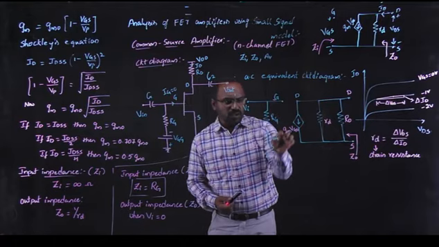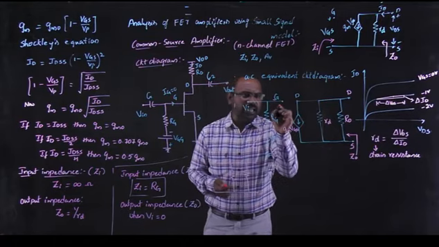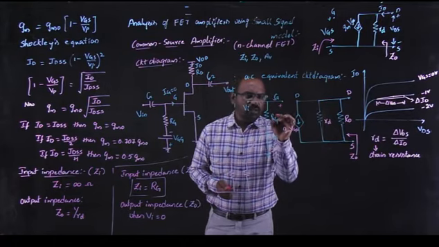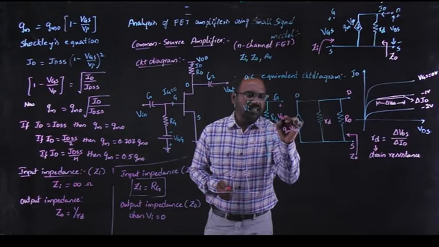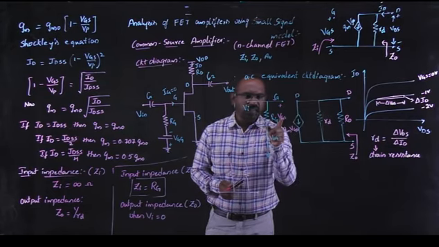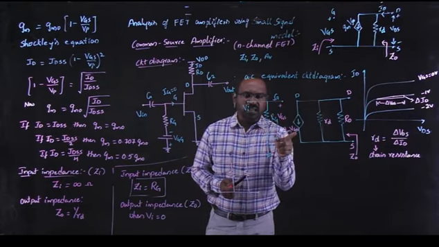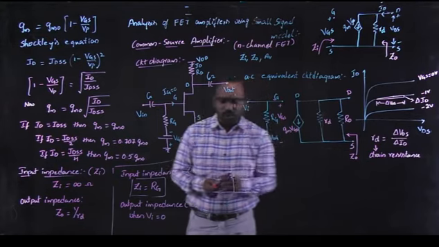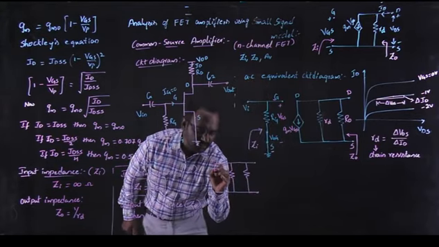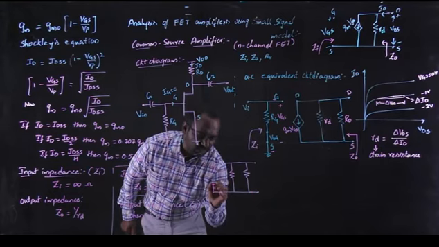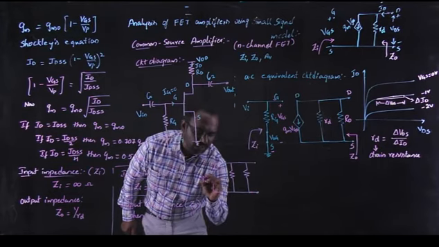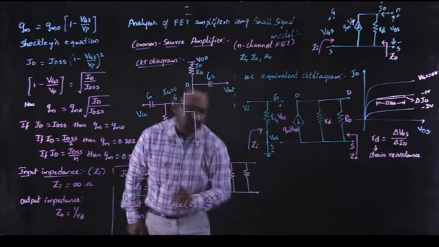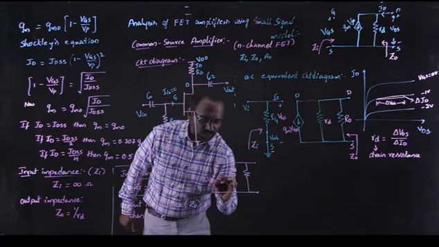And the gate to source voltage, which we calculate across the RG, will also be 0. If VGS is 0, this current source value is also 0, so it will be open circuited. So I will simply write an open circuit like this. In order to differentiate, here I am writing VGS equal to 0.